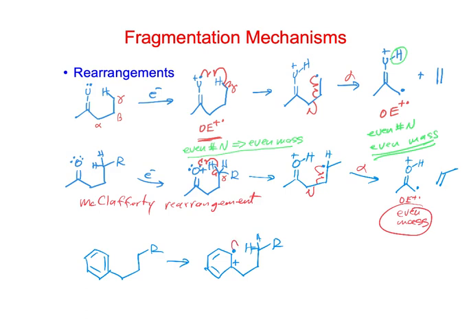Okay, so there is already one hydrogen here, right? Another hydrogen can be transferred to the benzene ring. So now we have two hydrogens over here, plus here, and a radical over here now, which can then do the alpha cleavage.